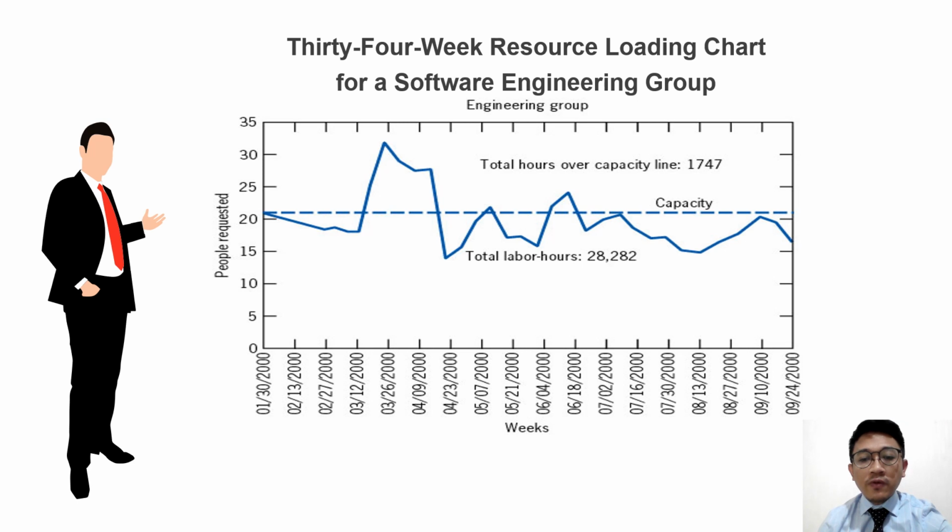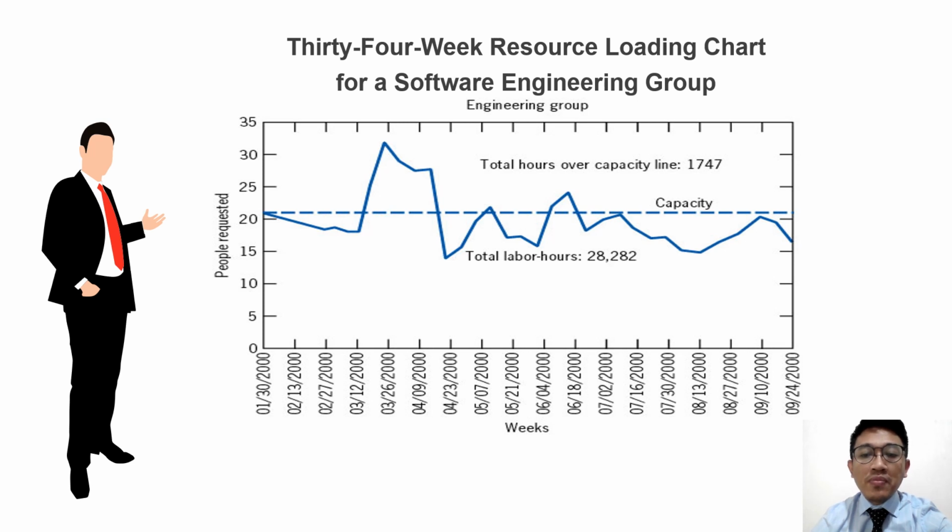Over 34 weeks, a total of 28,282 labor hours are allocated. However, the chart reveals that 1,747 hours exceed the capacity line, signifying potential overloads during certain periods. This analysis indicates fluctuations in resource demand throughout the project duration.